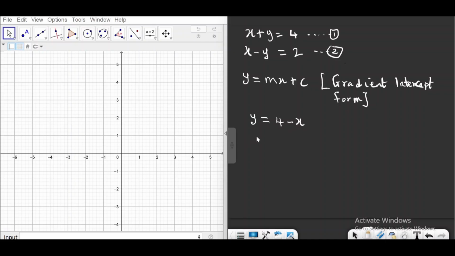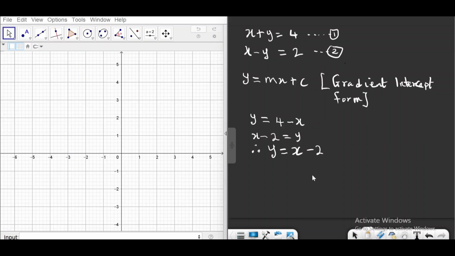I'll go to the second equation. I want to make y the subject. I can have x minus 2 equals y. So therefore y is going to be x minus 2.